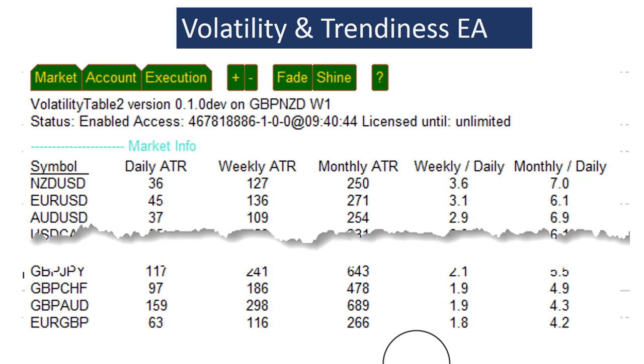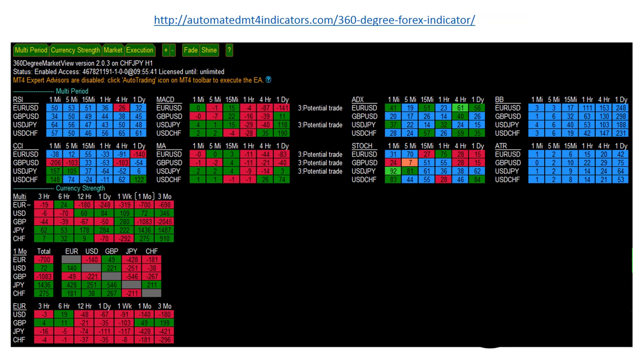Just a little bit more on the 360-degree market view EA, you can see it provides unbelievably good information. In this case, I'm only looking at 3 currencies here, but you can look at up to 30 or 40 currencies if you like, and you can look at them from an RSI perspective, a CCI perspective, a MACD, a moving average perspective, an ADX, a stochastic perspective, a Bollinger Band perspective, and from an ATR perspective.